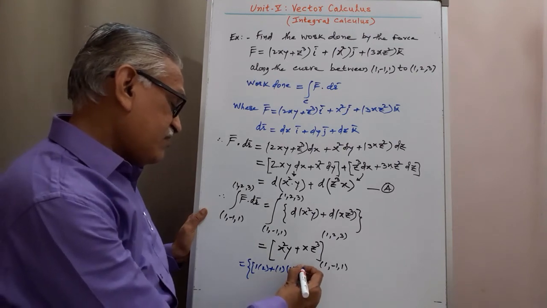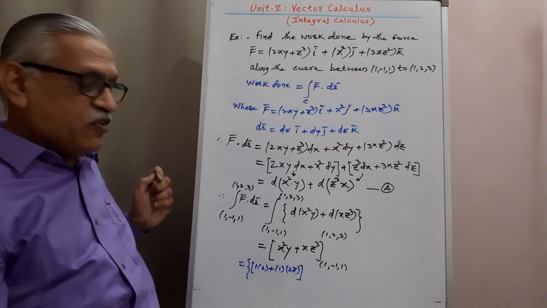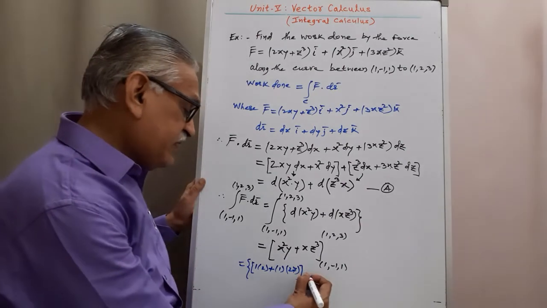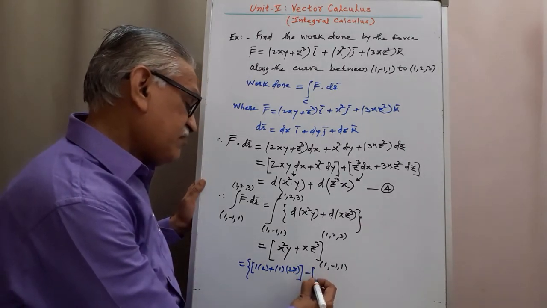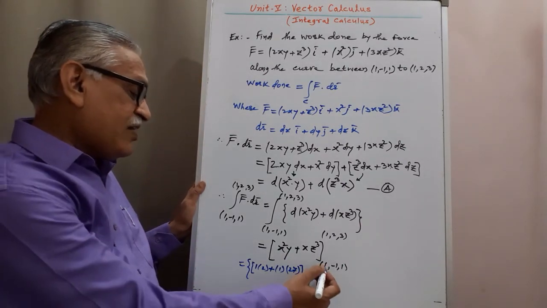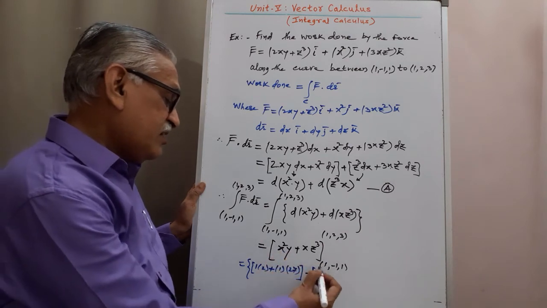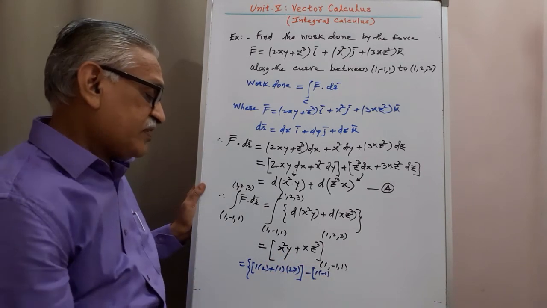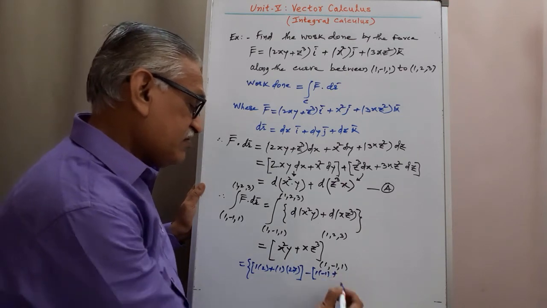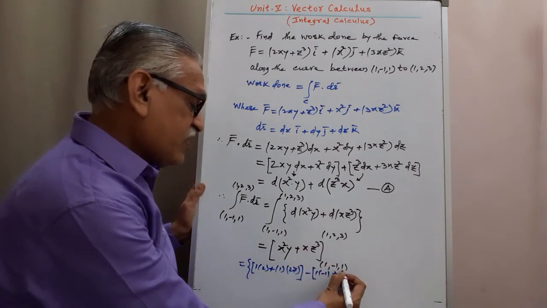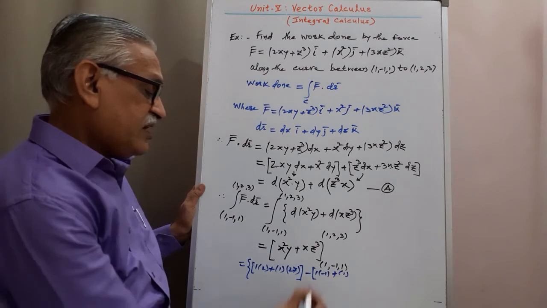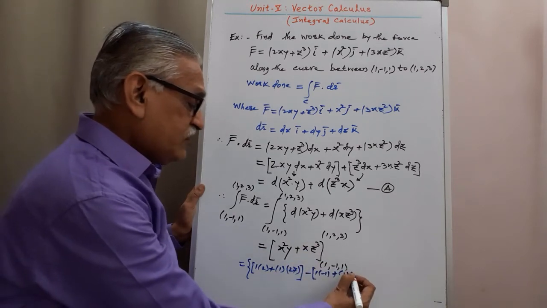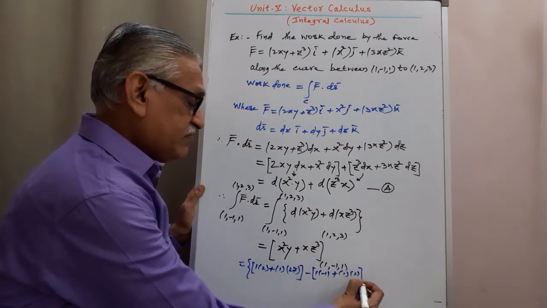Therefore, these are the values for upper limit minus lower limit. When we put the value of x as 1, we get 1 into y is minus 1, plus again x is 1 and z cube, 1 cube is also 1.